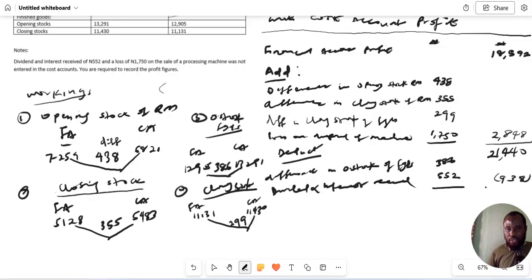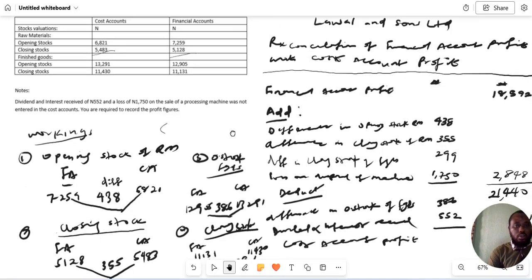So let's see if we can get back the cost accounting profit. Let's deduct 938 from that. Now it is 20502, which is the cost accounting profit. Let's go back to the question to see if this is correct.